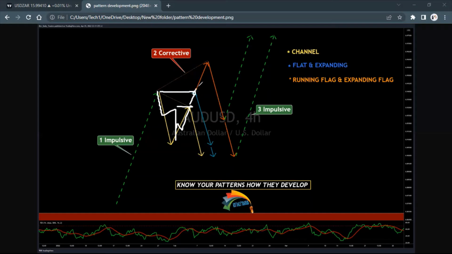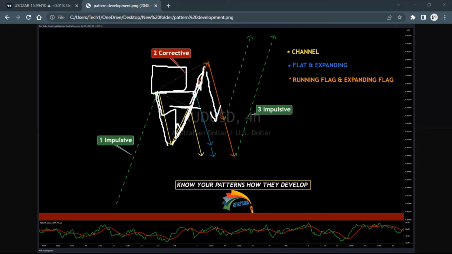Again, if you get the break from here, expect a pullback here, then a push, then this will be much more room for you to expect a running flag. You'll be expecting such a move here. This move you'll be expecting to come into this place, 50% of our 2.